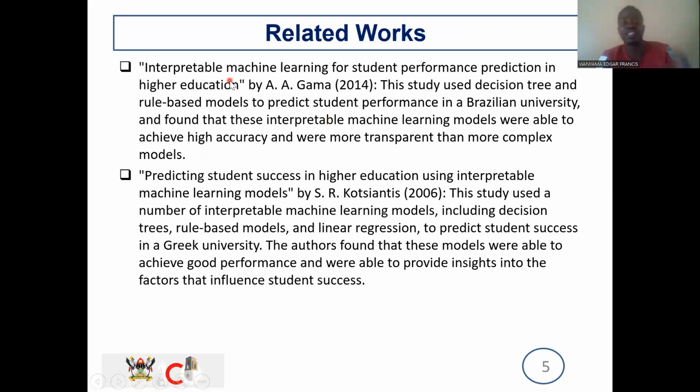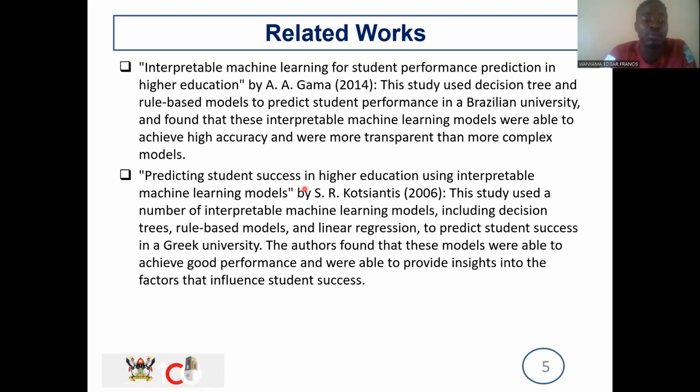The related works: we see that this paper, Interpretable Machine Learning for Students' Performance Prediction in Higher Education by Edgar, 2014, shows that a study used decision tree and rule-based models to predict students' performance in a Brazilian university. It found out that these interpretable machine learning models were able to achieve high accuracy and were transparent.